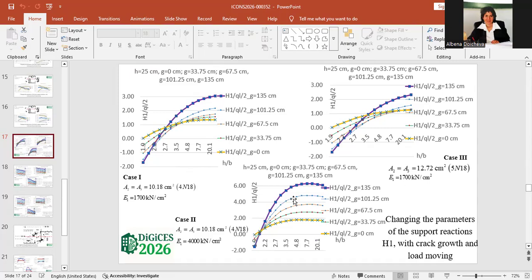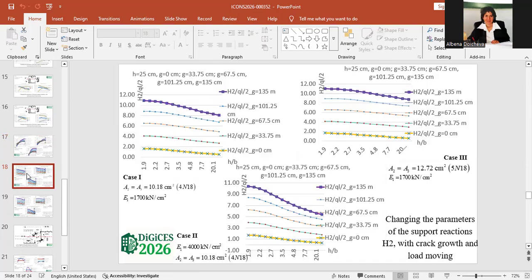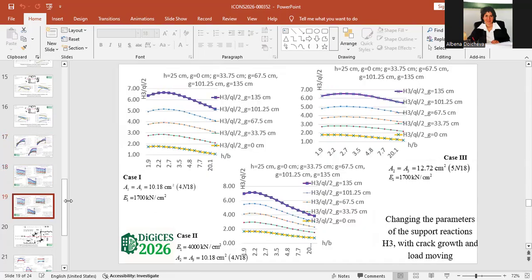The bigger H1 we have when we use case 2 with high strength concrete. What happened with H2? We can see the parameter of the support reaction H2 for the three cases again. The bigger H2 we have when the concrete is normal.